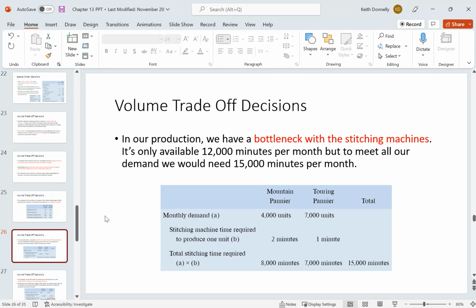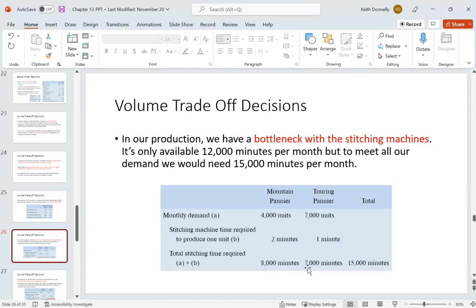So here's the idea with it, right? We have Model A. The demand is 4,000 units. Each one takes 2 minutes of stitch time on the machine. So you've got to run it through the machine. Takes 2 minutes to do. Model B, our demand is 7,000 units. It takes 1 minute to go through the stitching machine, right?